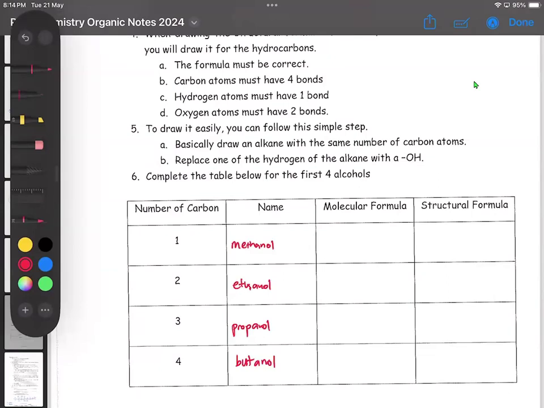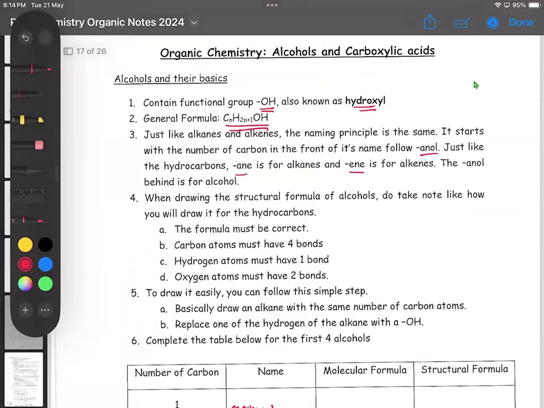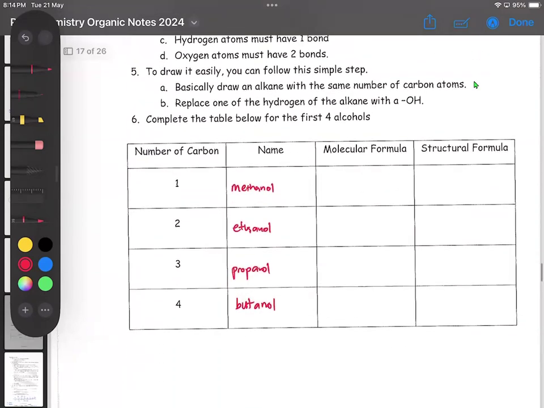The general formula is CnH2n+1OH. If somehow in the exam you've forgotten how to draw the alcohol structure, most of you should be able to draw the alkane structure. So draw the alkane first. Draw the 2-carbon alkane, and so on. I'll draw until number 3.